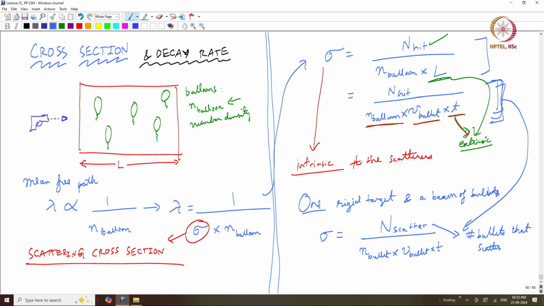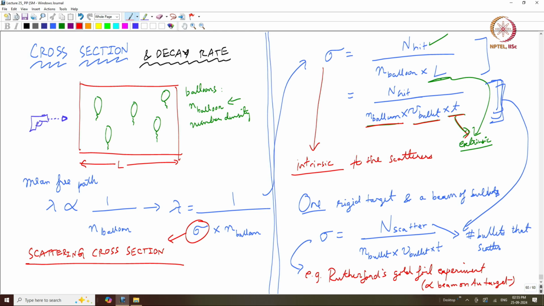So do we know an example of a real life experiment like this? That's nothing but Rutherford's gold foil experiment. Isn't that right? What did he do? He took a gold foil and focused a beam of alpha particles on it, right? So alpha beam on gold target, right? And not all the alpha particles actually scattered.